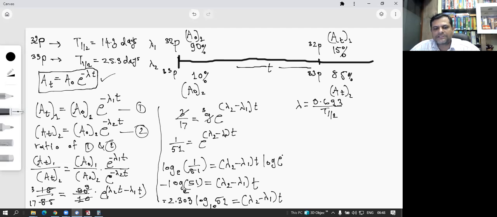But if we don't want this minus sign, multiply the whole thing by the minus sign. On the RHS, lambda 2 and lambda 1 will simply be reversed. So we can get rid of the minus sign and it will be 2.303 into log of 51 to the base 10.